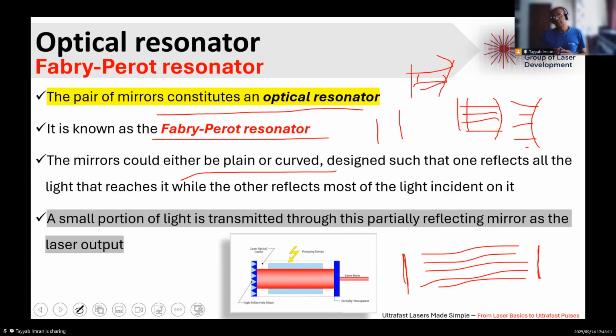As I mentioned, one side is partially polished, partially reflecting, which means the light can be transmitted from that side. This is the same thing which we went through in the last few slides. Just the name is Fabry-Perot, because Fabry-Perot resonators also have two straight plane mirrors or any other kind of mirrors.